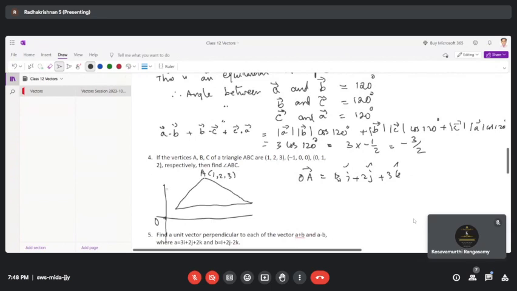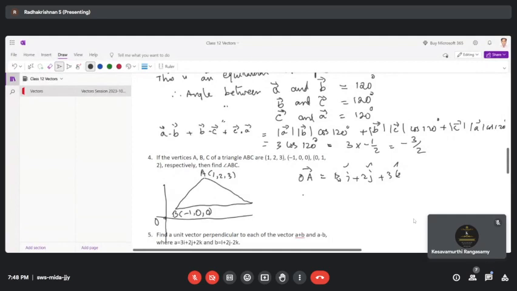Similarly, let us put B. I'm not drawing exactly according to the coordinates, minus 1, 0, 0.